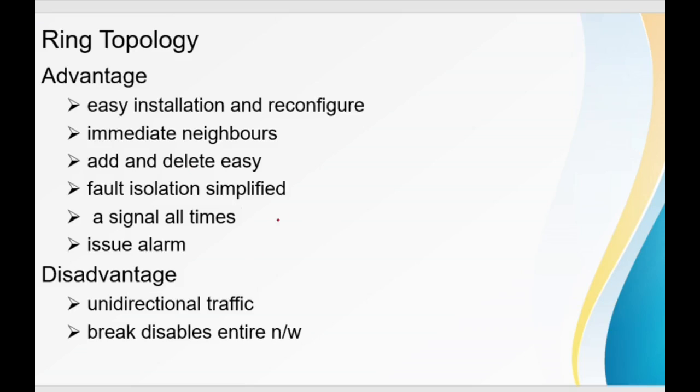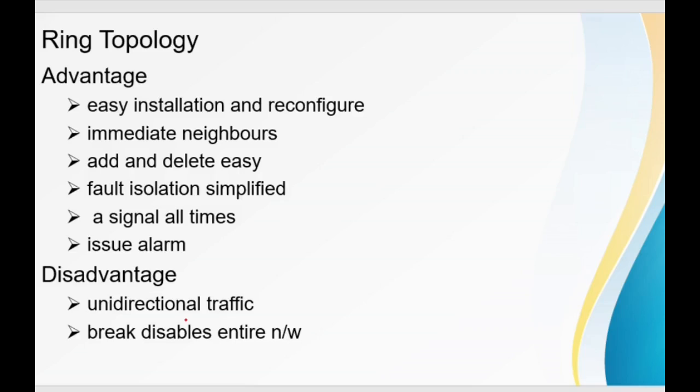A signal is circulating at all times in the ring network. If one device does not receive a signal within a specific period, it can issue an alarm. That alarm is used to alert the network operator to the problem and its location, where the problem occurs, and it can be easily recovered.